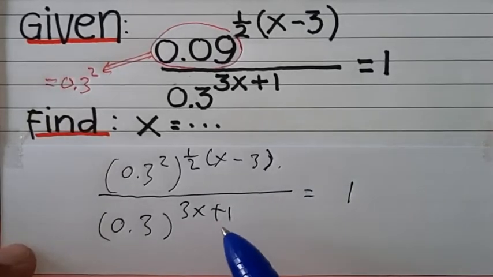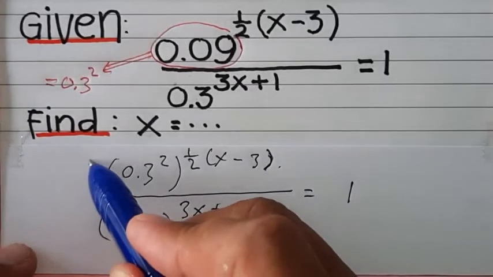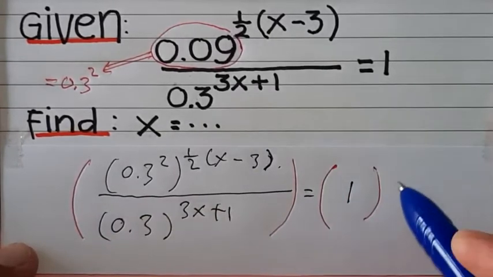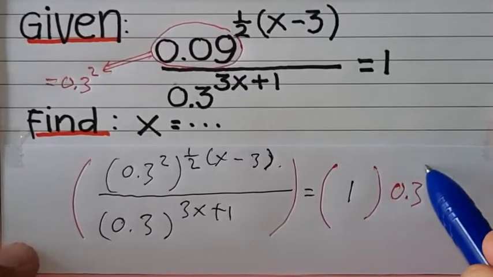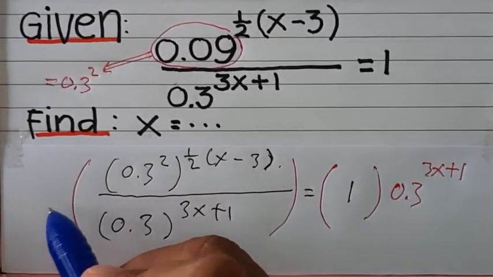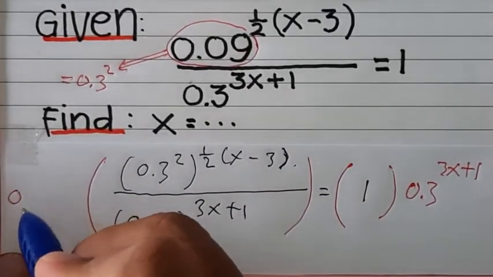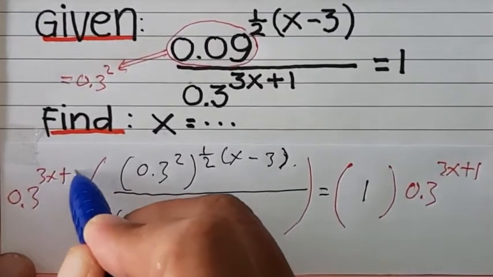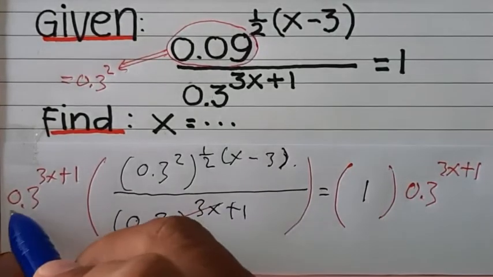Multiply by 0.3^(3x + 1) on both sides. Then 0.3^(3x + 1) is gone.